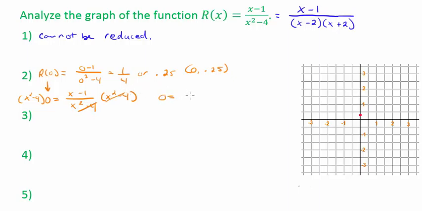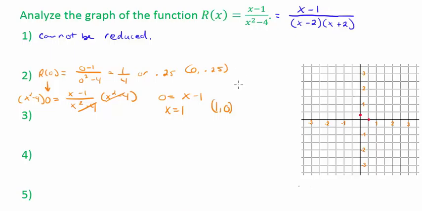So what we have now is 0 is equal to x minus 1. For future reference, you can just set the numerator equal to 0 to get the x-intercept. You don't need to go through that first process. So we get x equal to 1. We have an ordered pair of (1, 0), and graphing that on our coordinate plane, we now have the ordered pair (1, 0).